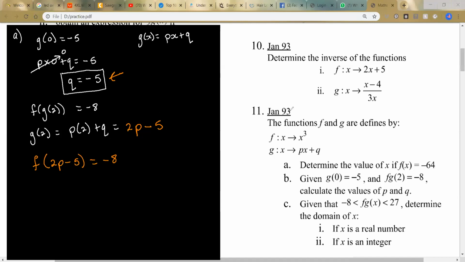It means that wherever x was in the f function, and the f function was x cubed, it will now be (2p minus 5) all cubed is equal to negative 8. Instead of expanding the brackets, because we're trying to solve, we could just get rid of the cube by cube rooting on the other side. So that means 2p minus 5 will be the cube root of negative 8.